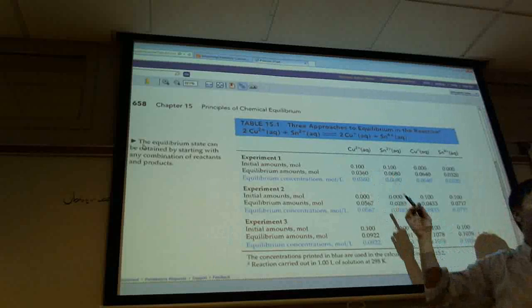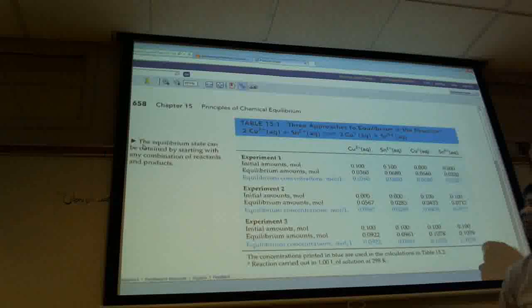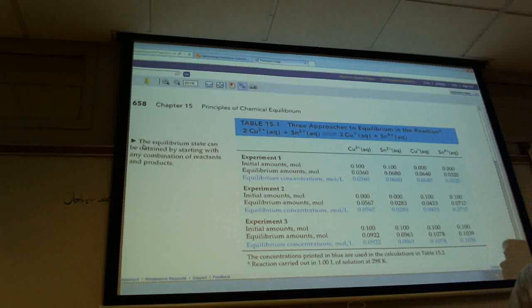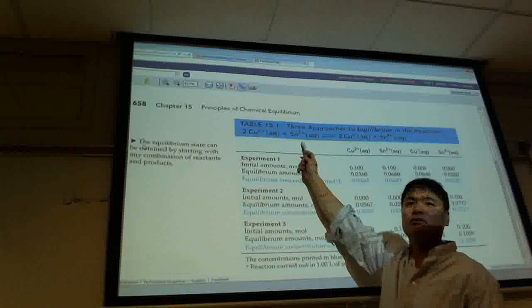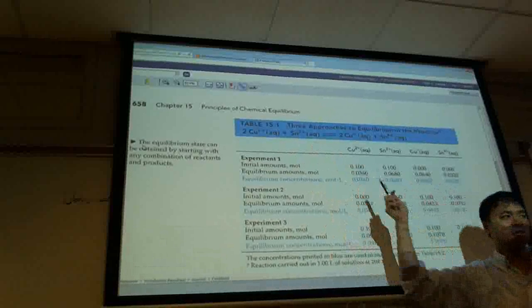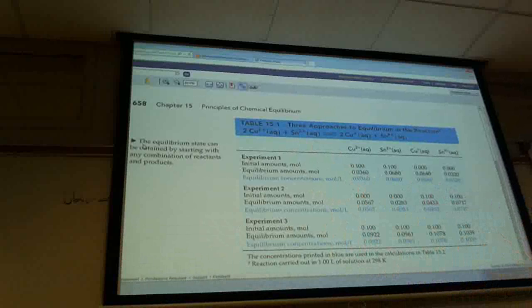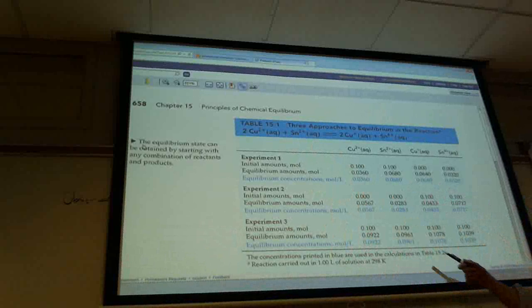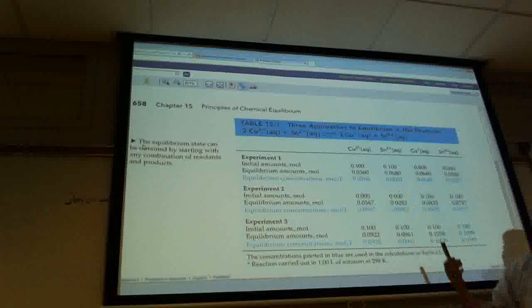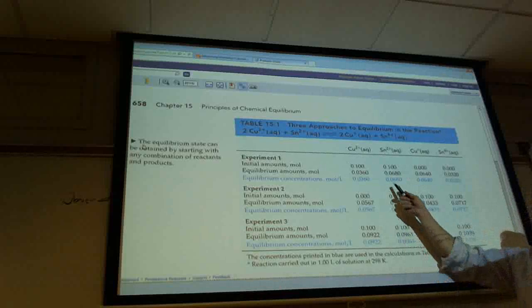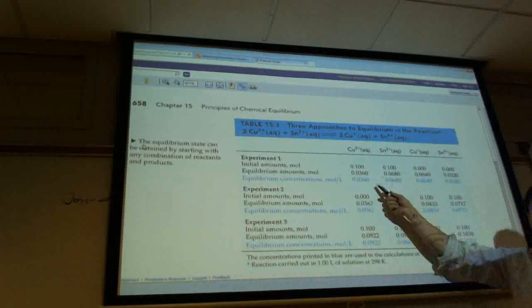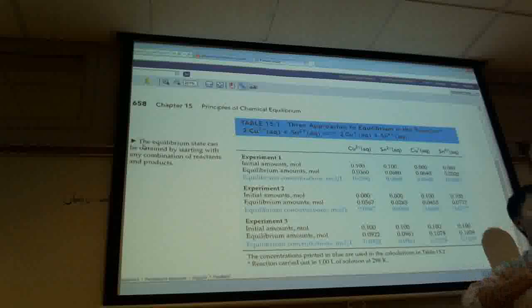What's the limiting reagent? The copper. Yeah, we need twice as much copper as tin. Do we have twice as much copper as tin? No. So copper is going to be the limiting reagent, right? So you mix 0.1 and 0.1 and then just observe what happens. They let this react for a very long time, and then finally it stops reacting.